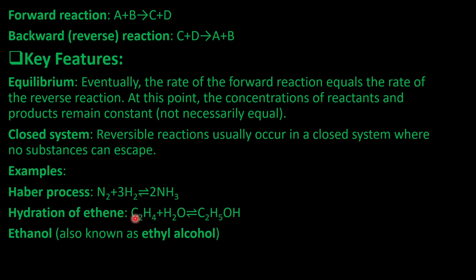Ethene reacts with water. When anything reacts with water and the water is added to the product, this is called hydration. So it gives ethanol. C2H5OH is ethanol, which is also known as ethyl alcohol. This is another example of a reversible reaction.